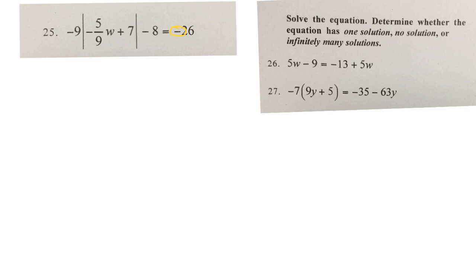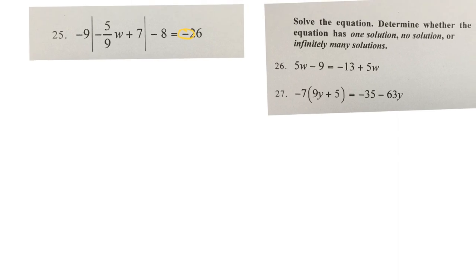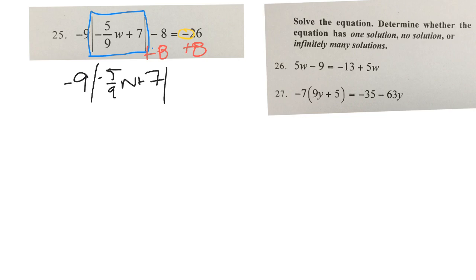So we're going to get this absolute value by itself by adding 8. And we get negative 9 times the absolute value of negative 5 ninths w plus 7 equals negative 18. And then we can divide by the negative 9 to get the absolute value by itself.